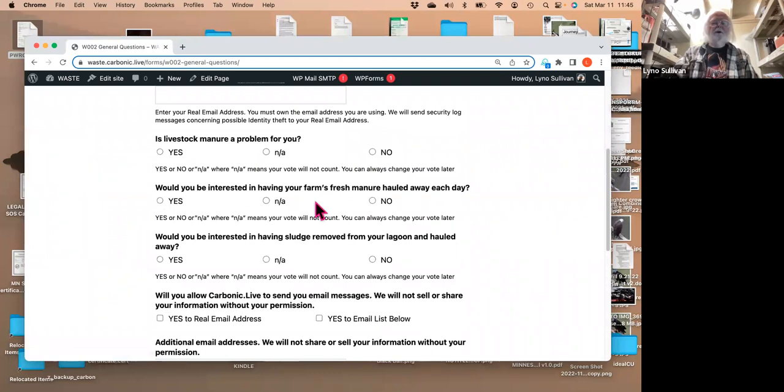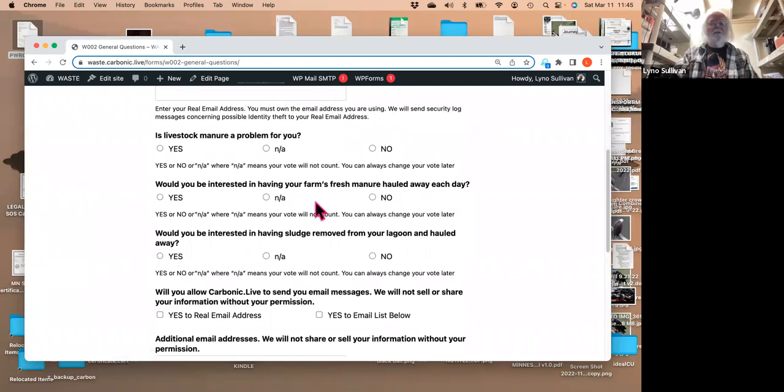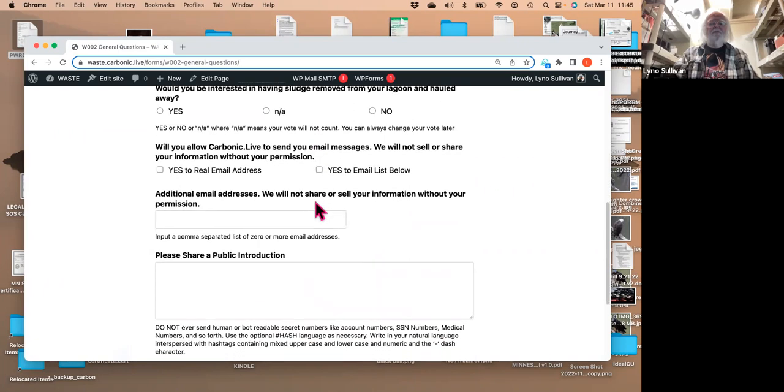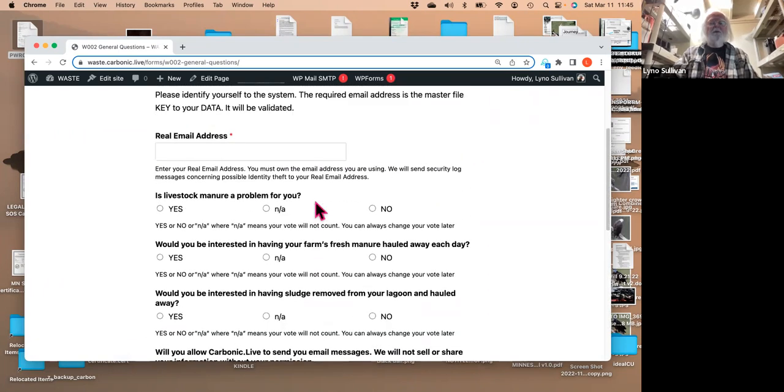Yes, not applicable, no. Would you be interested in having your farm's fresh manure hauled away each day? Would you be interested in having sludge removed from your lagoon and hauled away? Would you allow us to send you email messages? A simple question like that, and an average person would say, if I had a lot of manure to deal with, why would I say anything but yes? So that's my form. Go ahead, Carol, and anyone else.